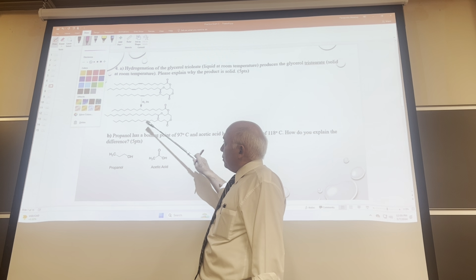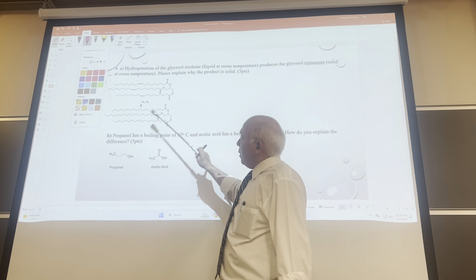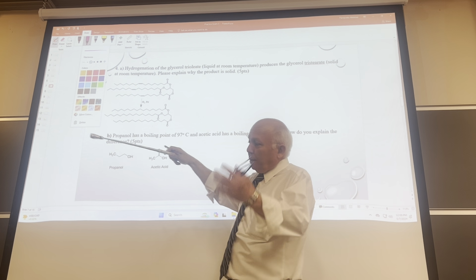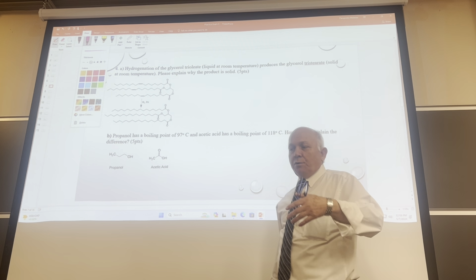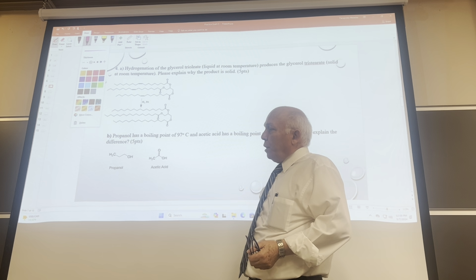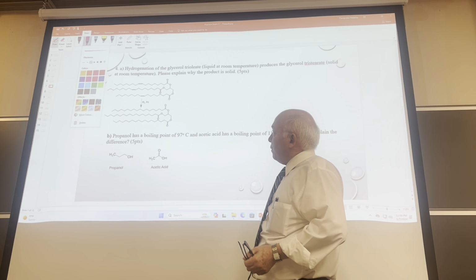The single bonds allow them to align next to each other, to be parallel, ensuring the maximum interaction, the highest attractive forces.